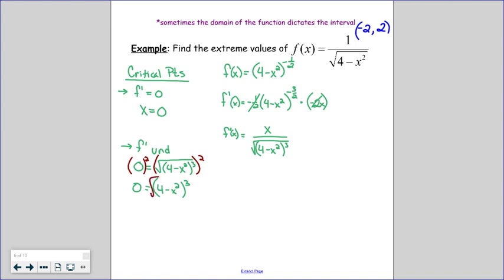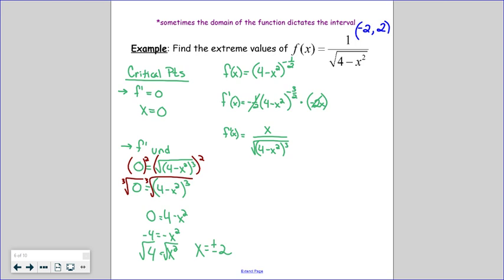Cube root both sides, which would give me 4 minus x squared, still equals 0. Get that x squared by itself, divide by -1. We're looking at x squared equals 4, square root both sides, x equals plus or minus 2.